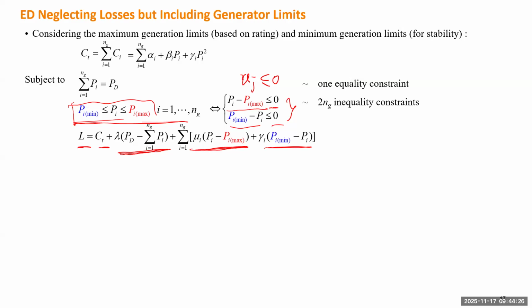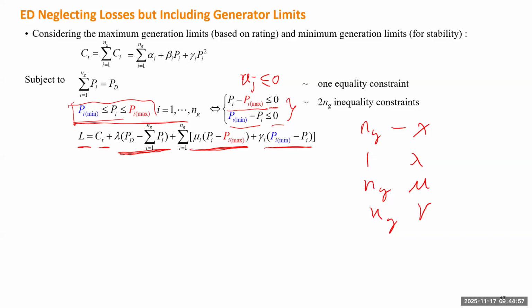We introduce 1 lambda, Ng mu's and Ng gammas. Originally we have Ng x's, 1 lambda, Ng mu, and Ng gamma. So we have 3Ng plus 1 total variables. We actually largely extend the dimension of the problem.